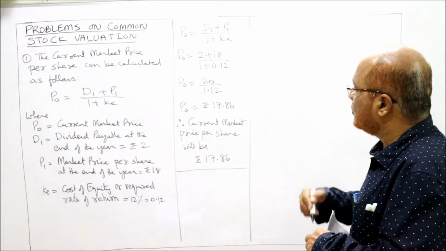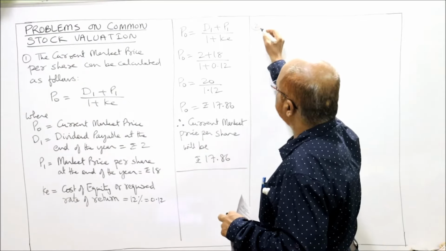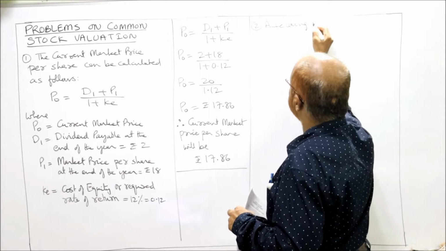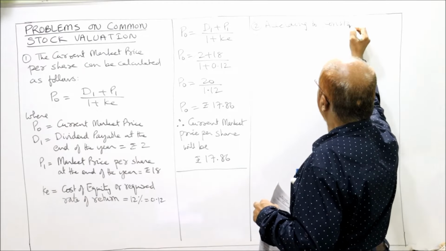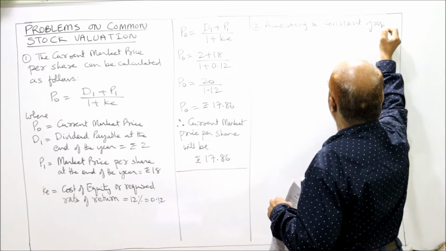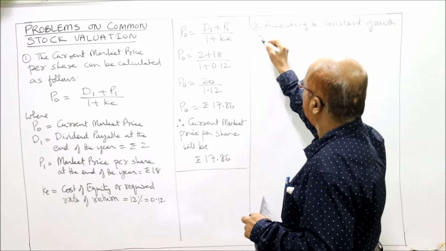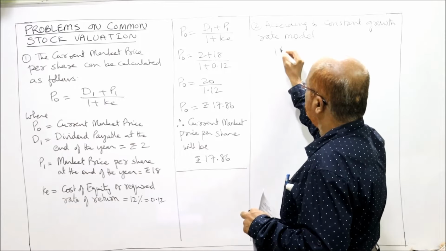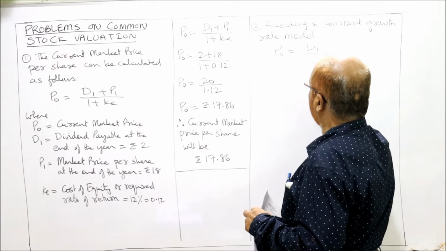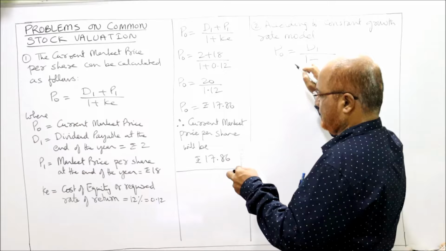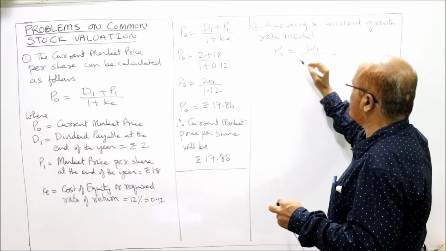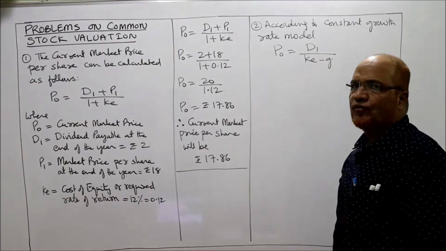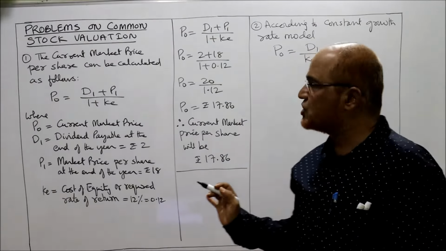So first you write down second problem. According to constant growth rate model, P0 is equal to D1 divided by KE minus G. This is the formula to find out the present value of the share.